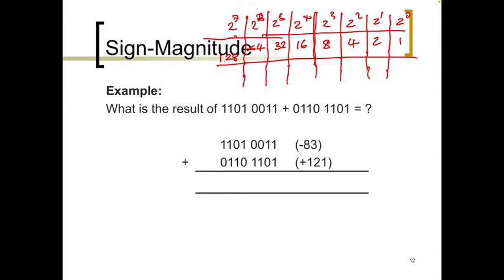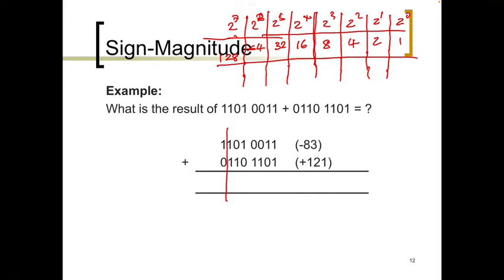1101 0011 plus 01101101? From here, we need to make sure that the leftmost bit represents the sign.